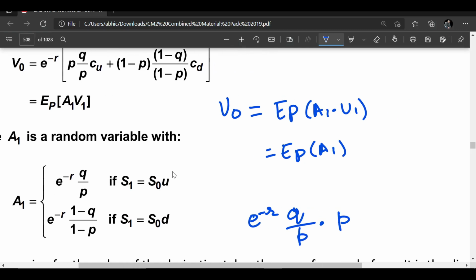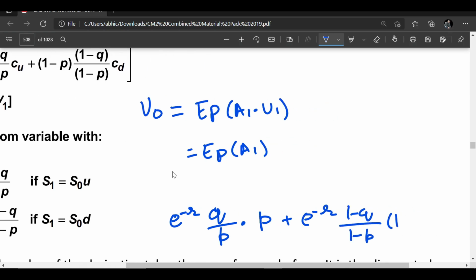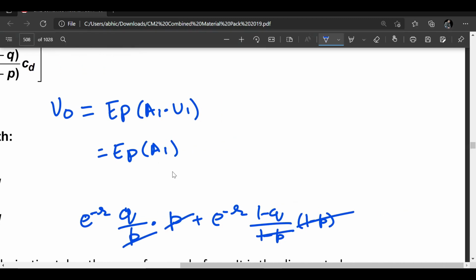So the probability of this happening is p, plus e to the power of minus r times 1 minus q upon 1 minus p, and the probability of this happening is 1 minus p. So this cancels out with this, and this cancels out with this, and then you get e to the power of minus r times q plus 1 minus q. This cancels out, so you just get e to the power of minus r.